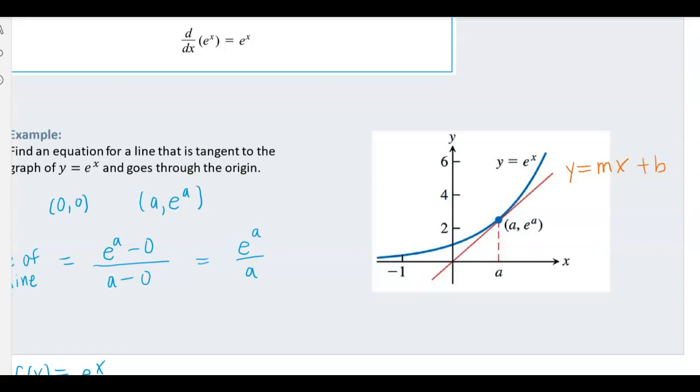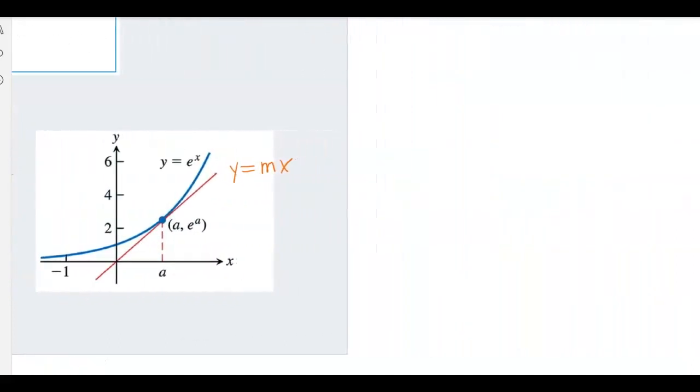The y-intercept is 0 because it's going through the origin, so we don't have to worry about this part. We know that that's the general format this line is going to look like. And we just found that the slope is this. So we think the equation is going to look something like y equals e to the a over a times x, right?